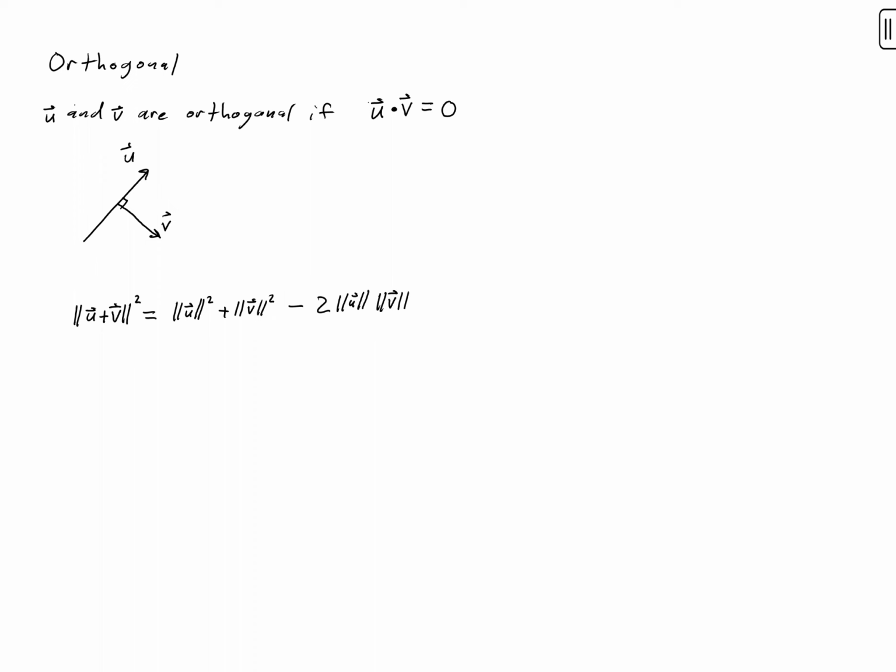So it's 2 times the length of u times the length of v times the cosine of the angle between them. This is called the law of cosines.